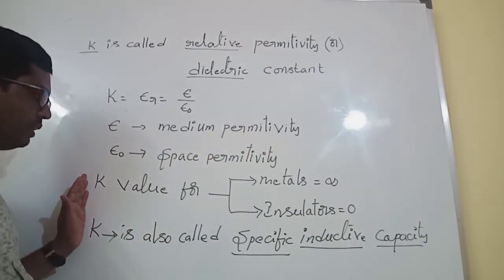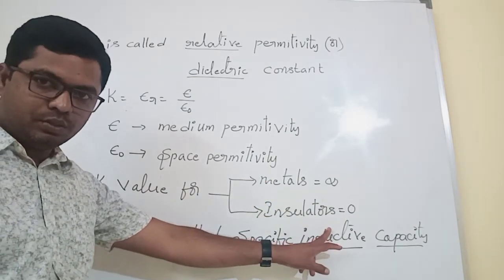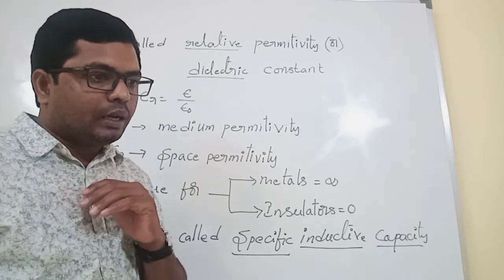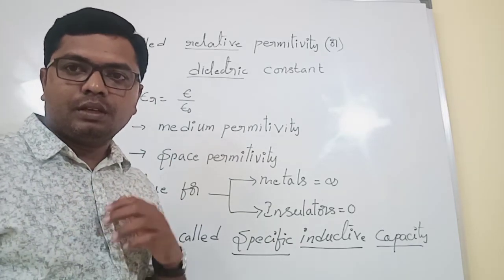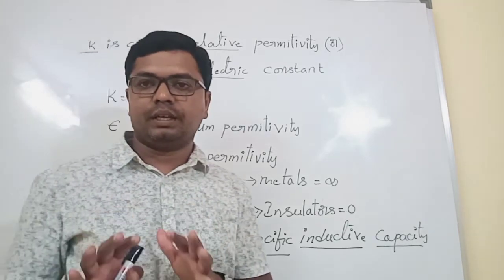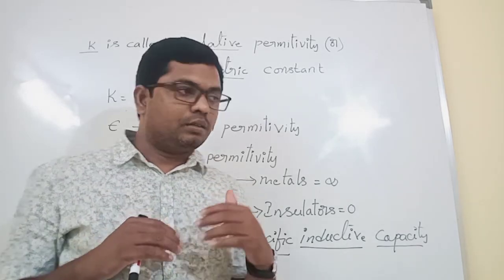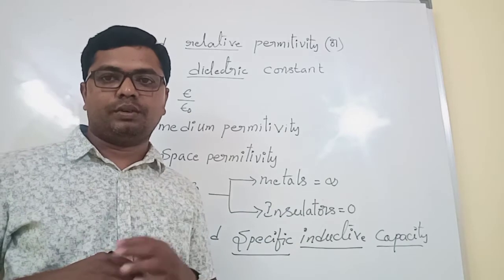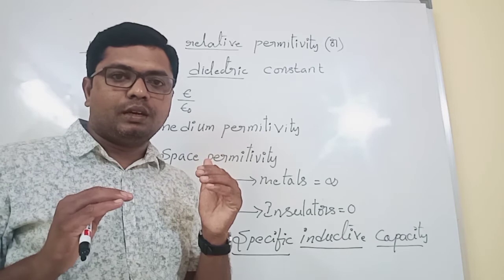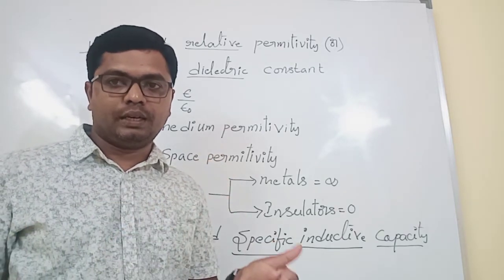Dielectric constant value for metals is infinite and for insulators is 0. The meaning of this for insulators is that the number of free electrons available in the insulator is 0. Almost no free electrons are available. So they do not allow any electric effect from one end of the insulator to the other end.